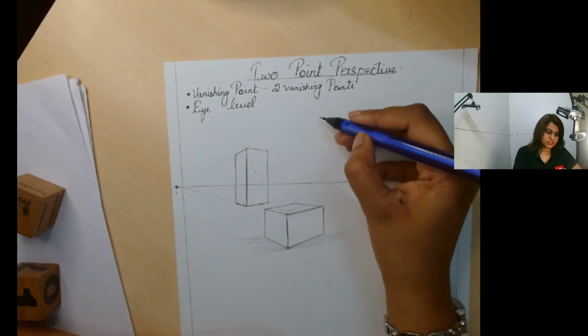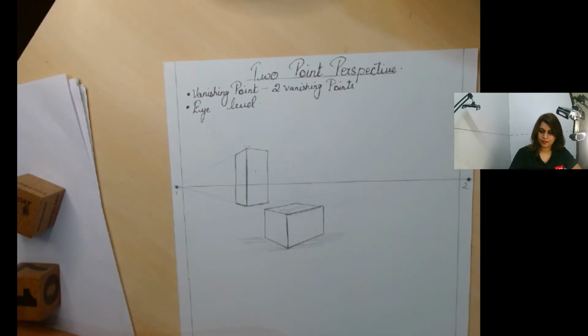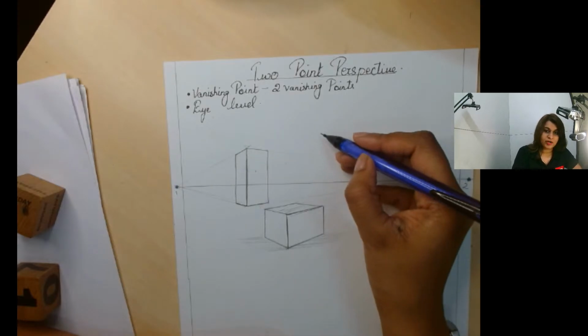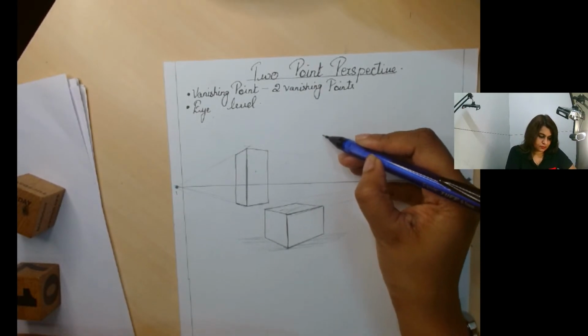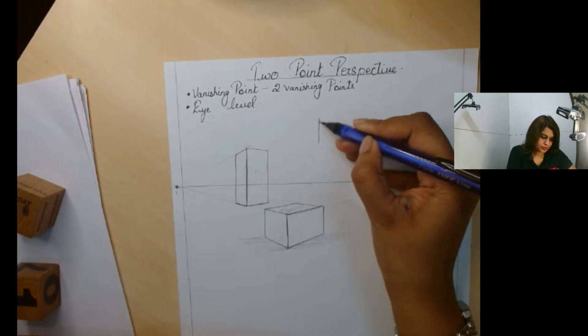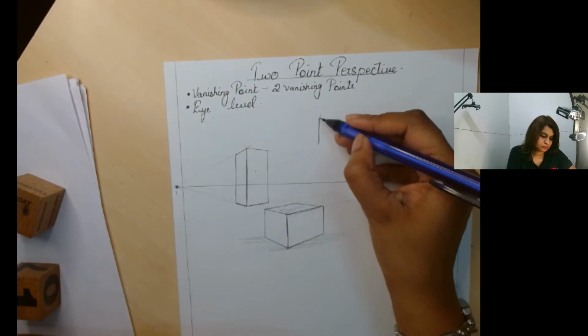Next is, let's draw something which is above eye level. Let's start with the corner.